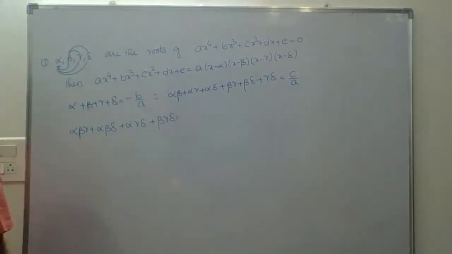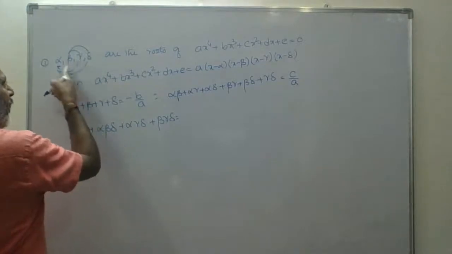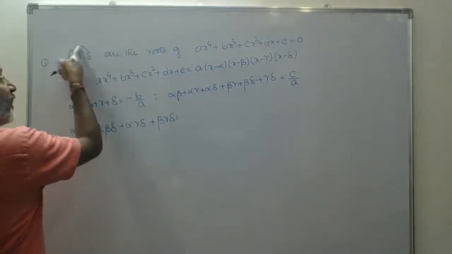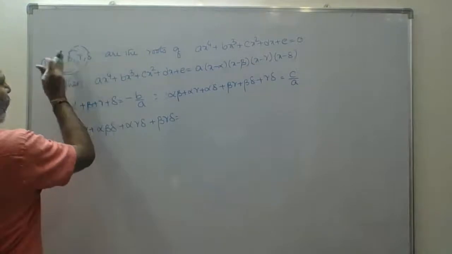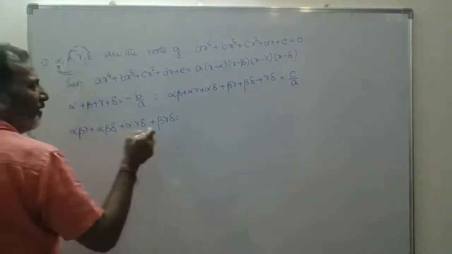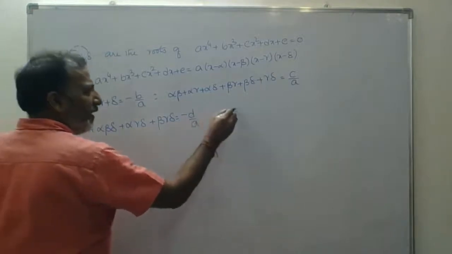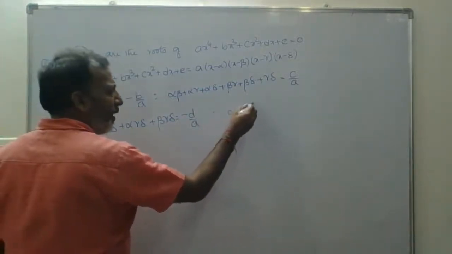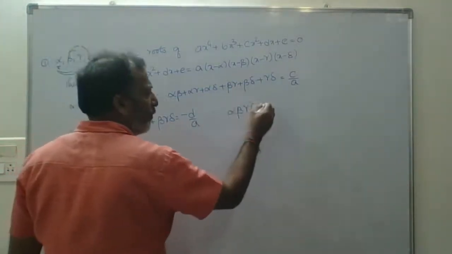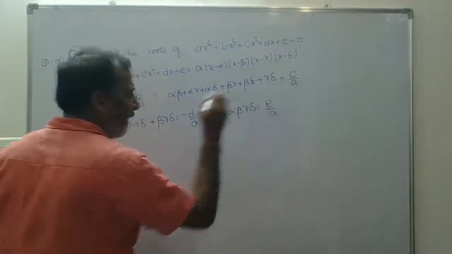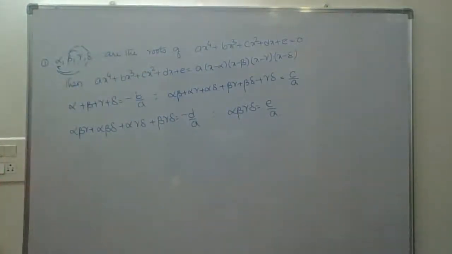Sum of the product of the roots taken three at a time: alpha beta gamma, alpha beta delta, alpha gamma delta, and after alpha, beta gamma delta. How much? Minus d by a. And alpha beta gamma delta, the product of the roots, how much? e by a. This is for a fourth degree equation.